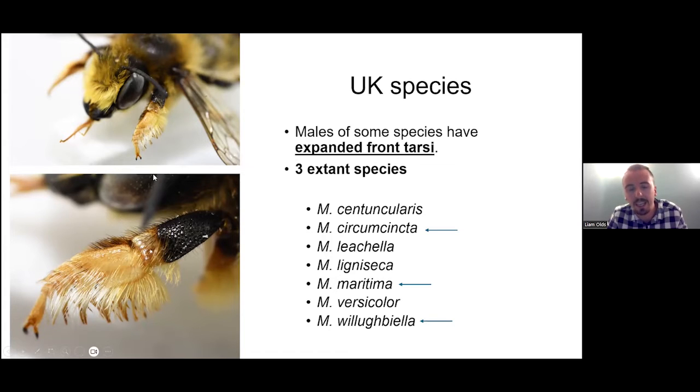I like to think of them as mittens. So if you're seeing a bee with little mittens, then you know it's a leafcutter bee male of one of these 3 species, in the UK at least. It would be different in other parts of the world, where there might be additional species. But that's really handy, I think.